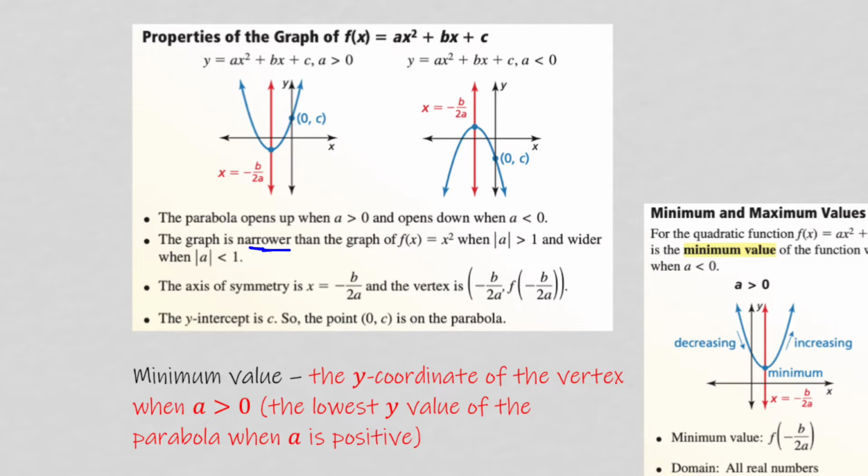The axis of symmetry, this is how we calculate it. This is the x value of our vertex. Okay, so this is in the form ax squared, so the number in front of x squared is a, plus bx, so the coefficient of x is our b, and c is the constant. And we use the a and the b to find our x.